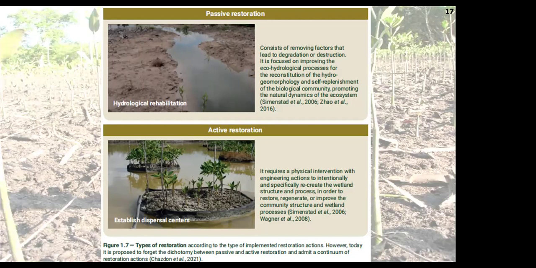Sometimes only by doing a hydrological work, you can obtain this. If you are trying to do an active restoration, this is a different thing, because an active restoration requires a physical intervention, an engineering, to recuperate the functions and the characteristics that the mangrove lost through the degradation.